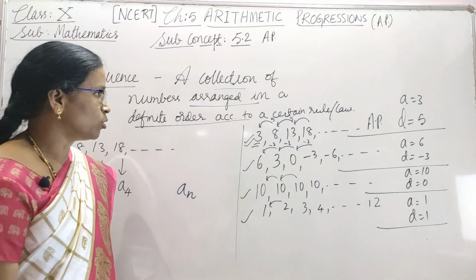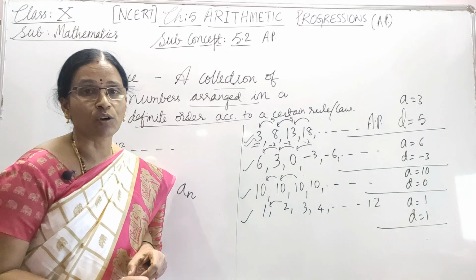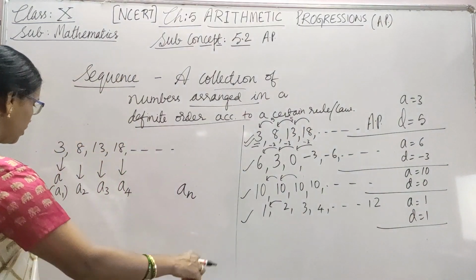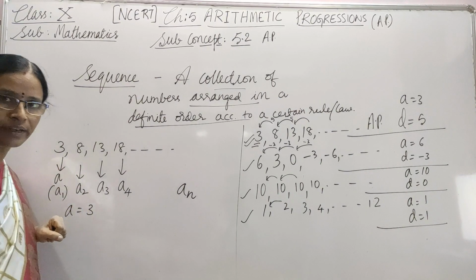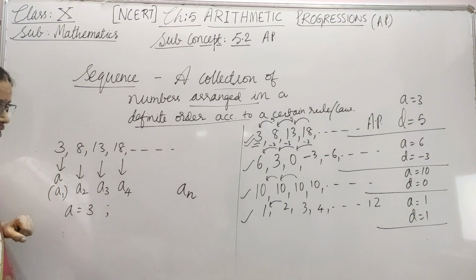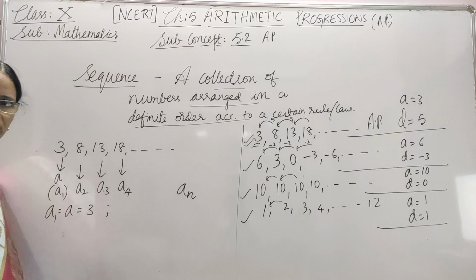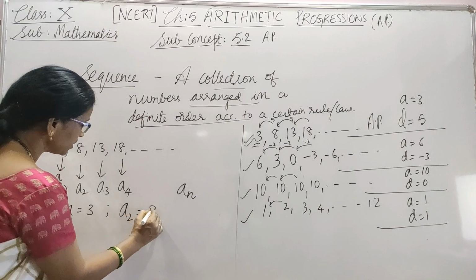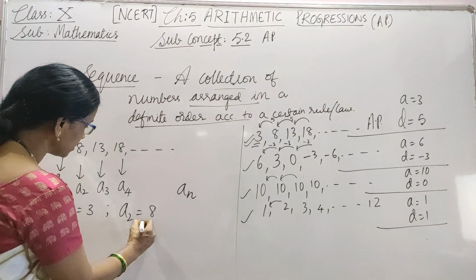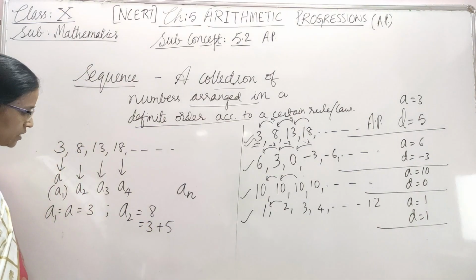Now I am going to explain the general form of arithmetic progression. Now this is A, so A is equal to 3, right? Then you see this A, which is also called A1, anything you can say. Then A2 is what? A2 is 8. How do you get this? 3 plus 5.